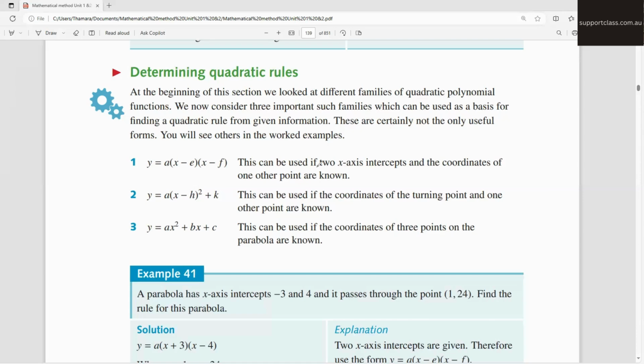In that case, we introduce three families of quadratic equations: 1, 2, 3.